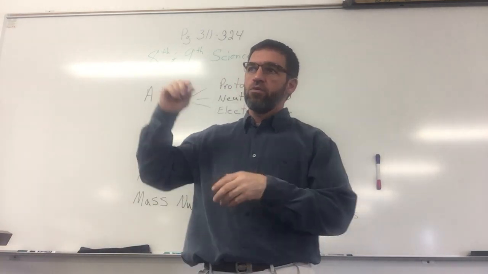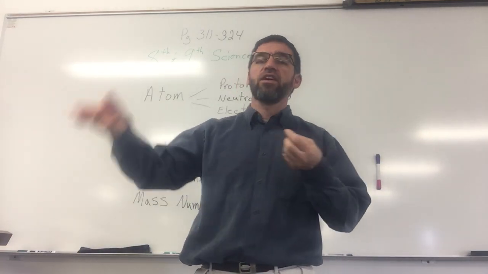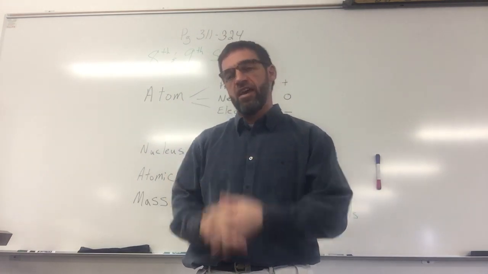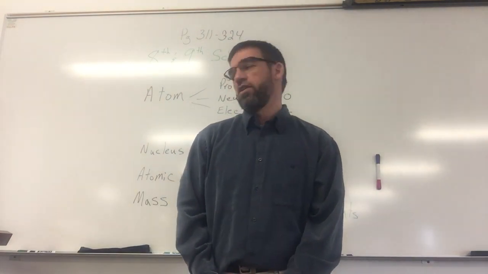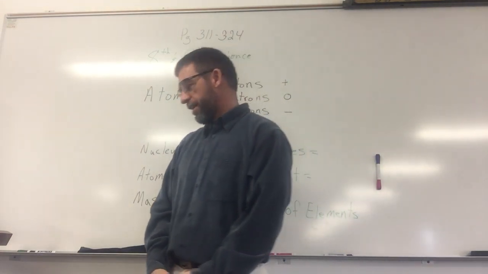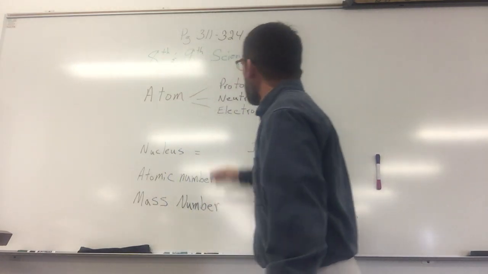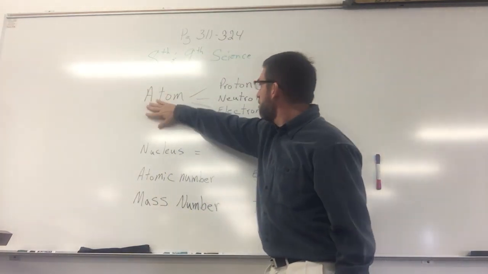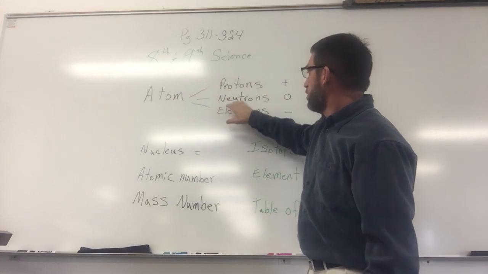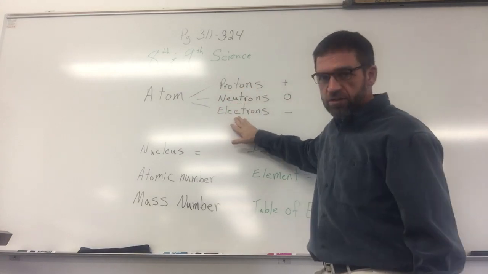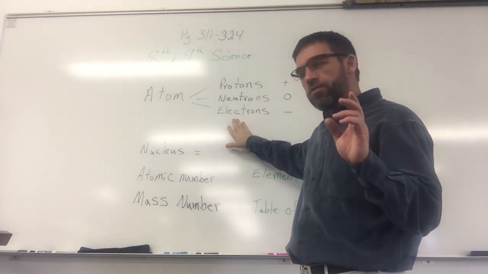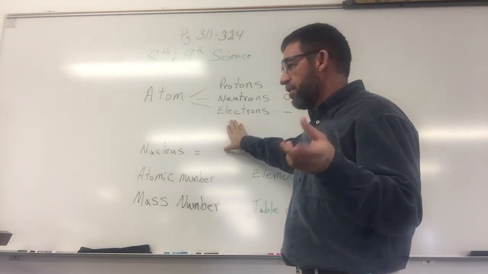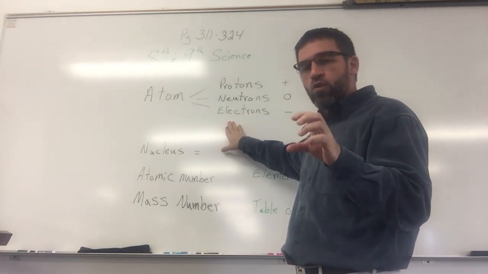Now, we've only taken the results of what we've observed, and we've concluded that an atom is made up of neutrons, protons, and electrons. And so I put it up here. The atom is the protons, the neutrons, and the electrons. Now, think about the weak force here.